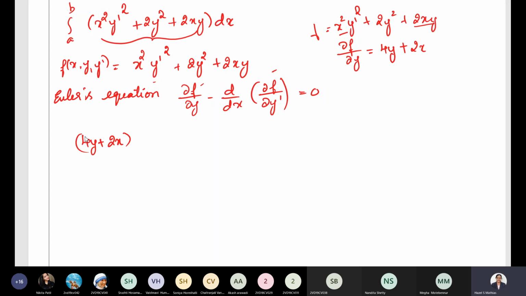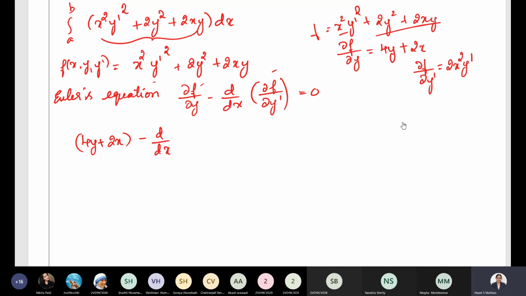Then minus d/dx of ∂f/∂y'. Now you need to differentiate f with respect to y'. The first term x² y'²: differentiation of y'² is 2y', so we get 2x² y'. The remaining terms will be 0, as they do not have any y' term, so they are considered constant.